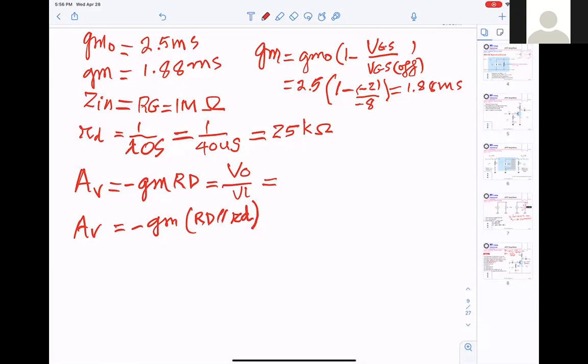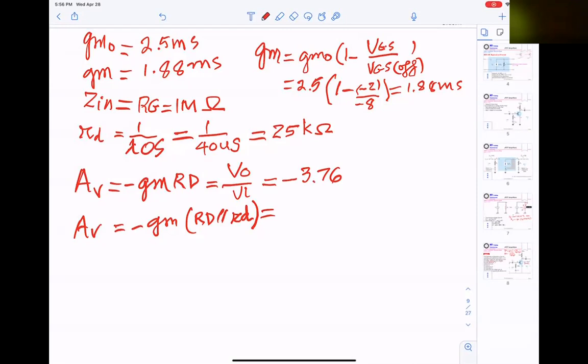I got 0.94. Where did you get 3.76 from? What is big RD?